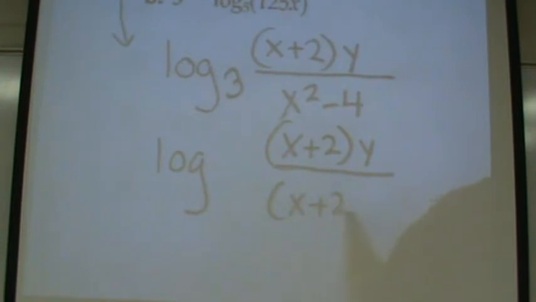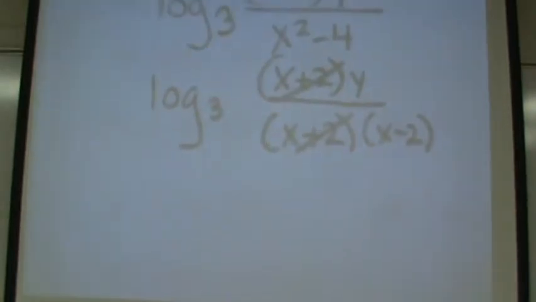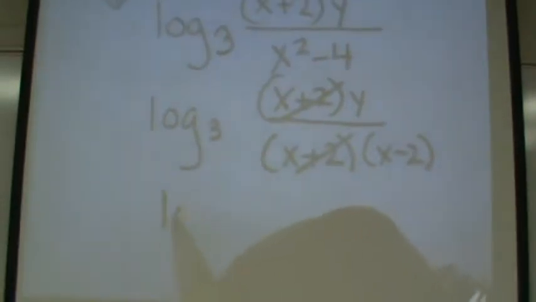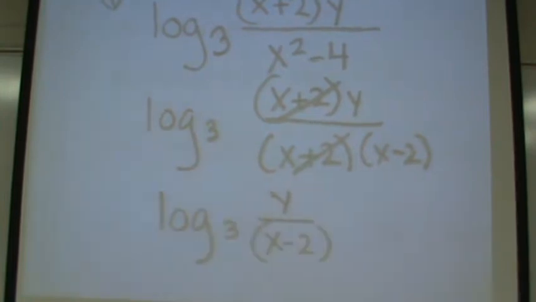Oh gosh, x plus 2, x minus 2, right? These are bye-bye. And so your answer is, and you know, I'm showing every step. Some of you guys can cancel this in your head, and I'm fine with that. You're at a point where you've earned that right to skip a step here and there. Here's your answer.